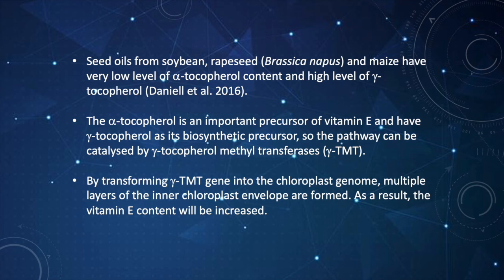So the pathway can be catalyzed by gamma tocopherol methyltransferase in order to produce alpha tocopherol. By transforming the gamma-TMT, or tocopherol methyltransferase, gene into the chloroplast genome, multiple layers of the inner chloroplast envelope are formed. As a result, the vitamin E content will be increased.